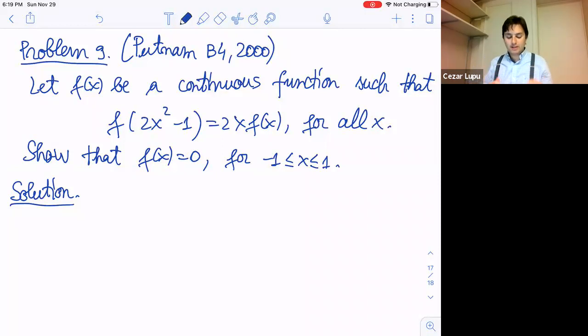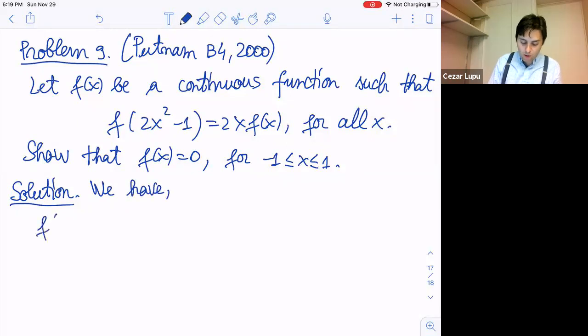But first, let's see something. I want to look at some value. Let's look at this guy, f of -1/2, and you'll see why I'm looking at this. I'm going to write it in the following way. Pay attention.